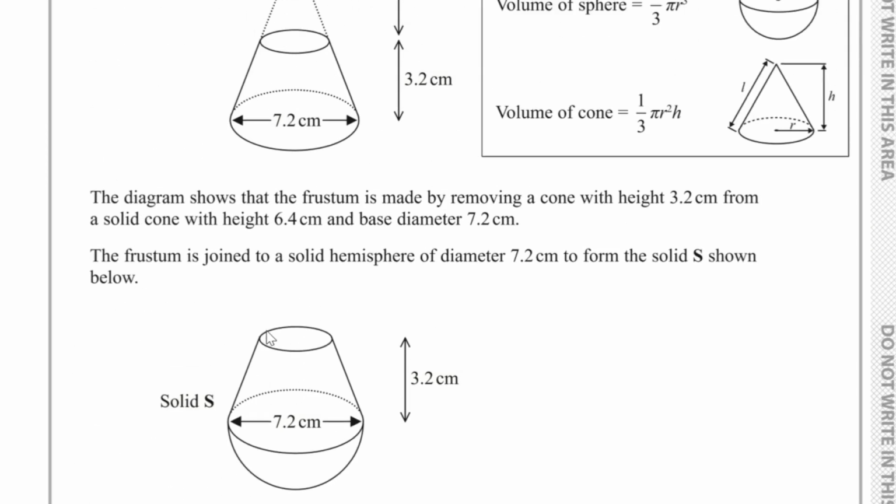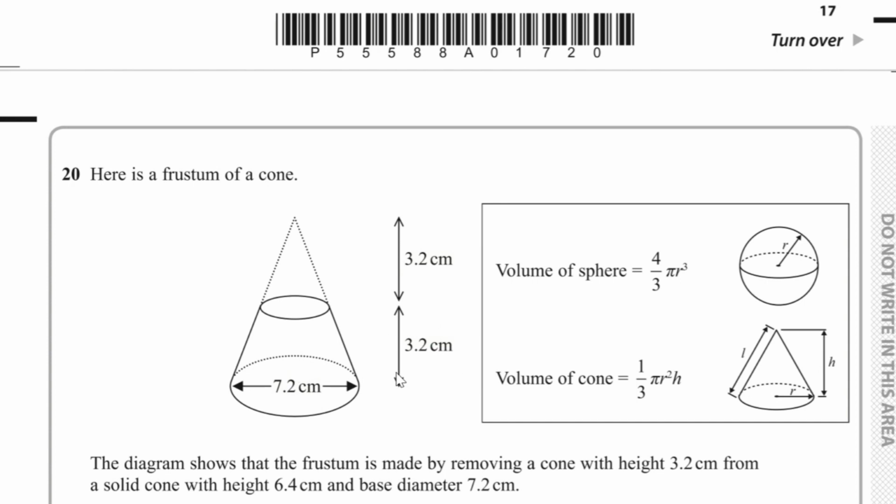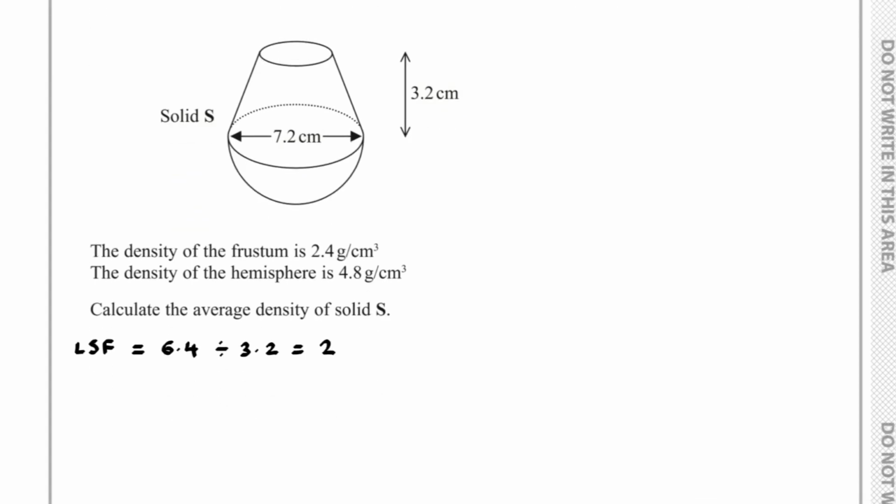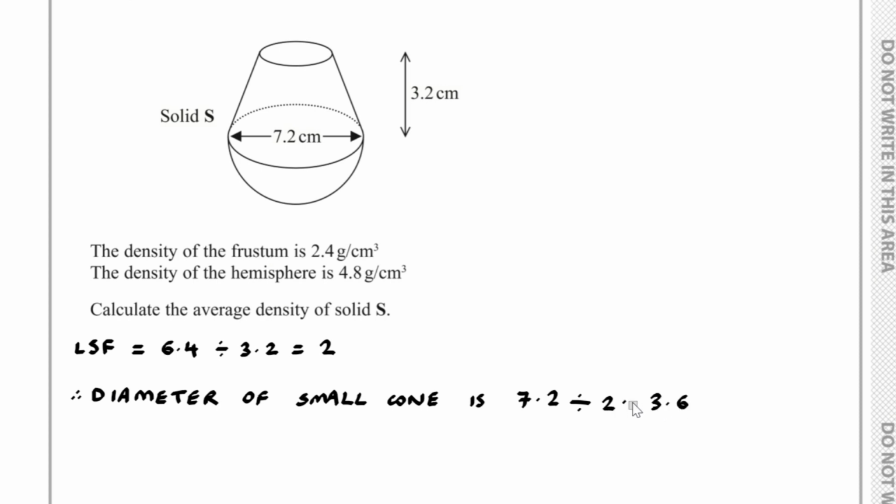So to go from the small cone to the large cone, we multiply by 2. And so if we have the large cone having diameter 7.2, that means the diameter of the smaller cone is 7.2 divided by 2, which is 3.6 centimeters.